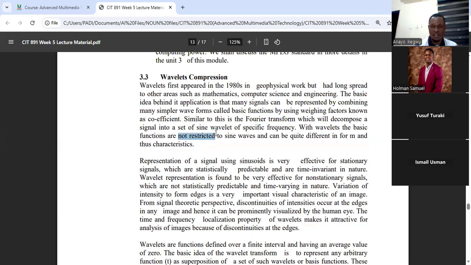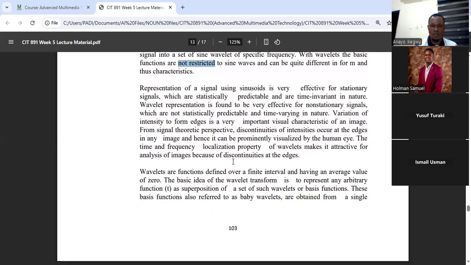Then representation of a signal using sinusoids is very effective for stationary signals, which are statistically predictable and time invariant in nature.